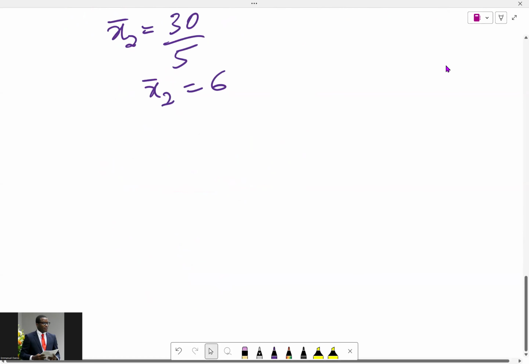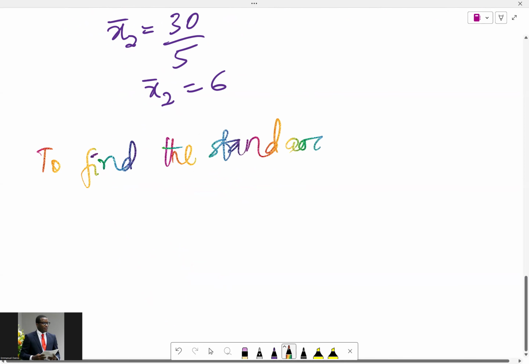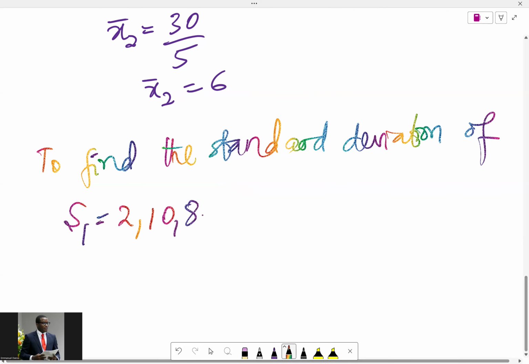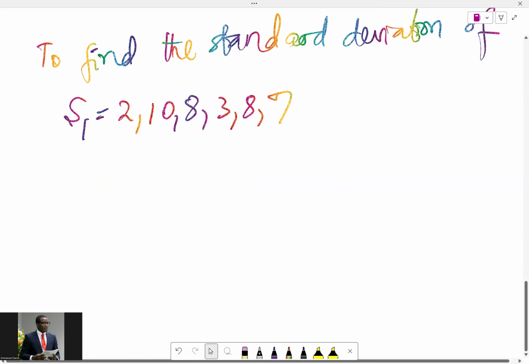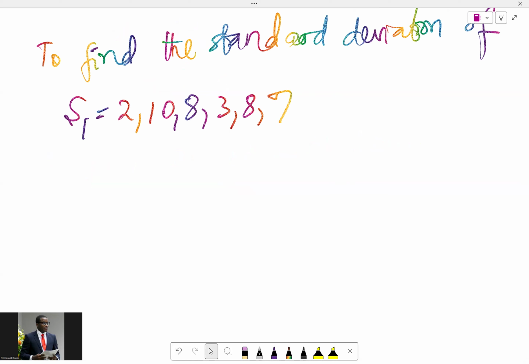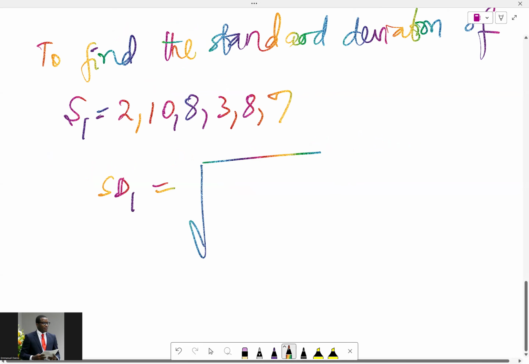To find the standard deviation of S1, which is 2, 10, 8, 3, 8, 7, let's call it SD1, and that will be the square root of the summation of all the S1i minus X1 bar, squared, divided by n minus 1. We use n minus 1 because we don't have a large data set.